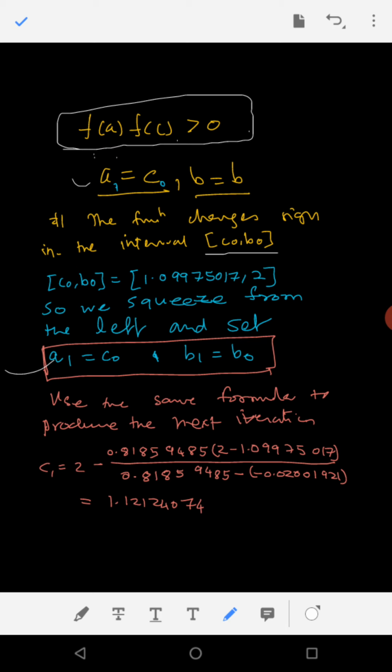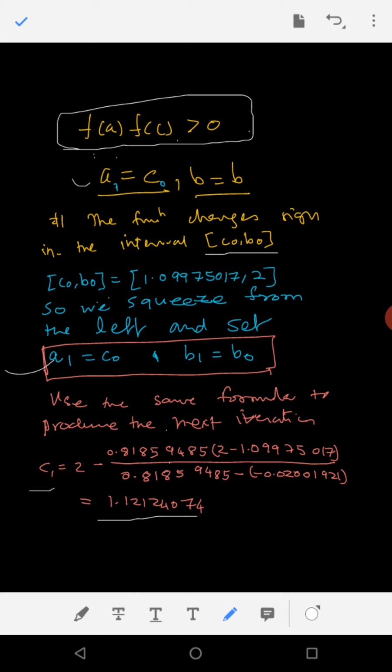For the next value, we have to repeat with the same iteration. So use the same formula to produce the next iteration. Evaluate c1 and you get this value. We have taken c0 and b0 for our next iterative value.